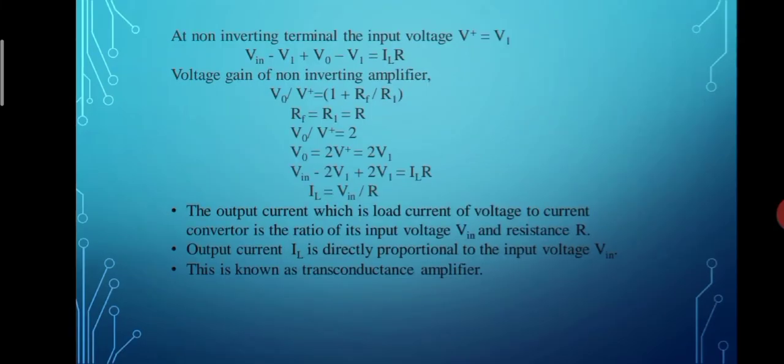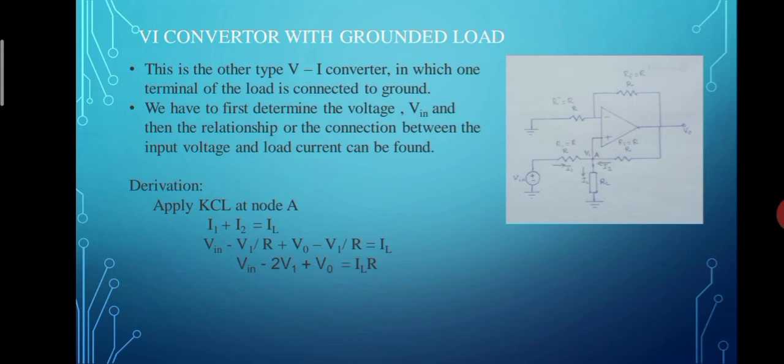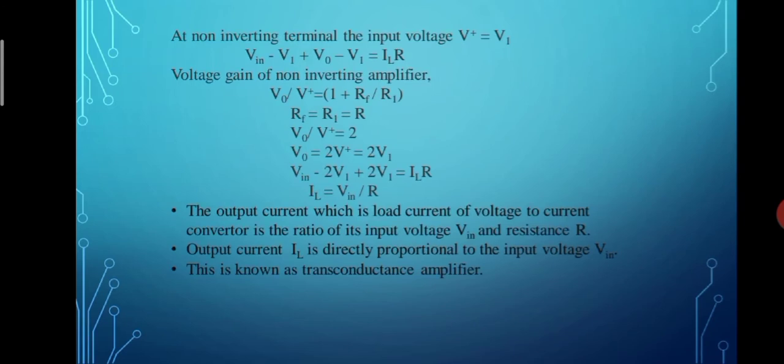At the non-inverting terminal, according to the virtual short concept, V plus is equal to V1 only. So we get (VIN minus V1) plus (V0 minus V1) is equal to IL into R. Here we have considered all the resistances to be equal.